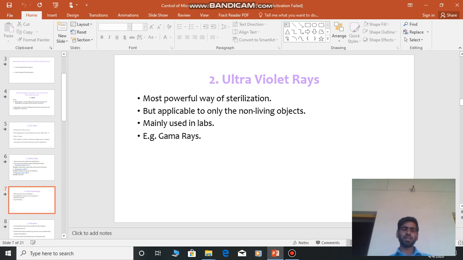That's why these radiations are applied only to non-living objects, and mainly these rays are used for the cleaning of different labs. We do not use ultraviolet rays for the sterilization of the human body because this radiation has the ability to penetrate the nucleic acid and DNA and cause different types of mutation.